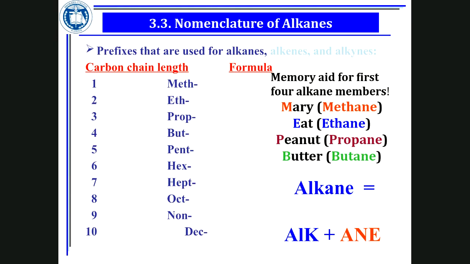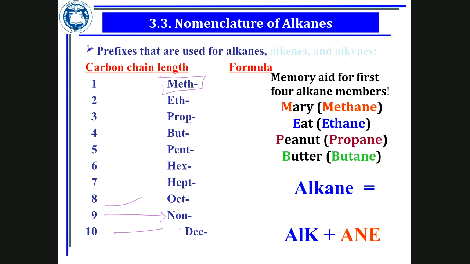Okay. So if it's 1 carbon, the prefix is going to be meth. 2 carbon would be eth, 3 carbon prop, 4 carbon is but, 5 carbon pent, 6 carbon hex, and 7 carbon would be hept, 8 carbon oct, 9 carbon non, so nonane, and then 10 carbon would be dec, for decane.